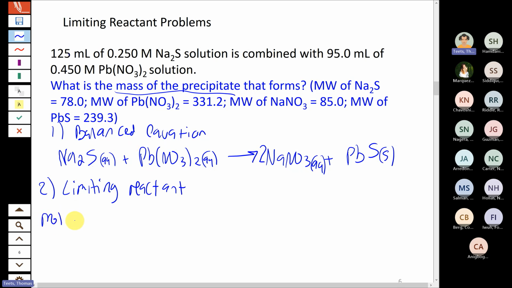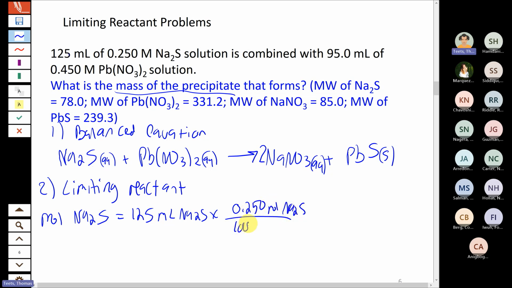And we're going to calculate moles in the same way we've been covering today, which is using molarity and volume. So for the sodium sulfide solution, we have 125 milliliters. That's given to us in the problem. And its molarity is 0.250, so it's 0.250 moles in 1,000 milliliters of solution, or 1 liter is the more typical definition. We'll use that shortcut to get milliliters to cancel out and convert into moles.